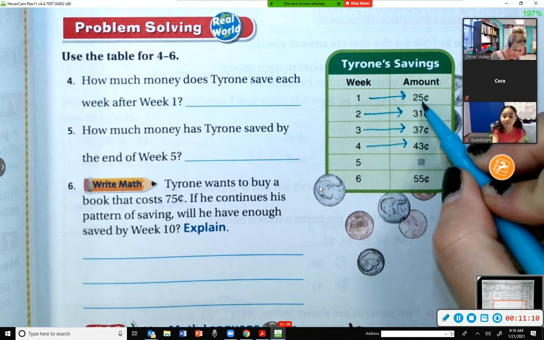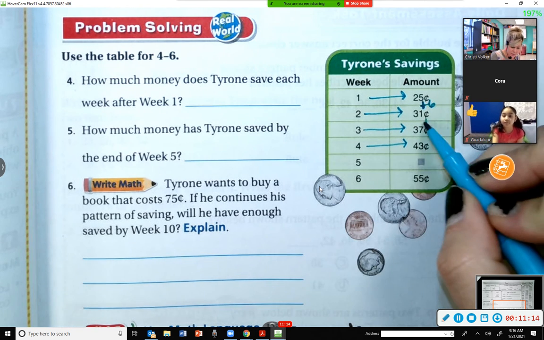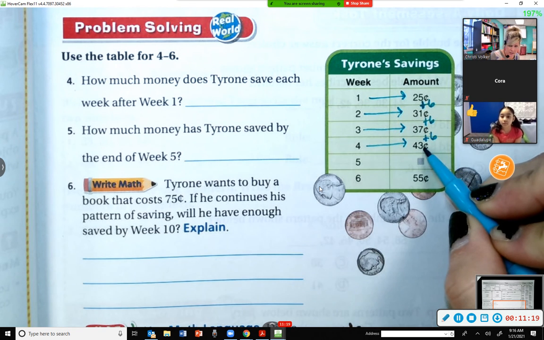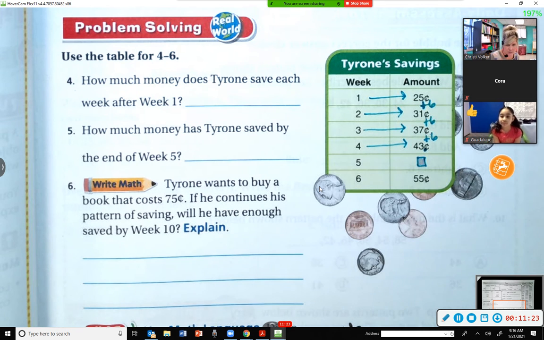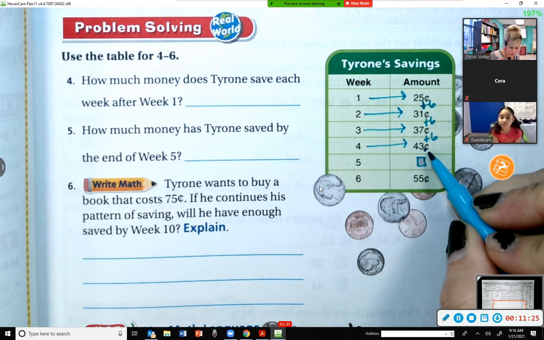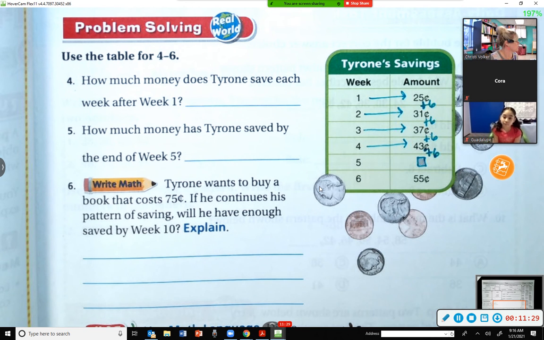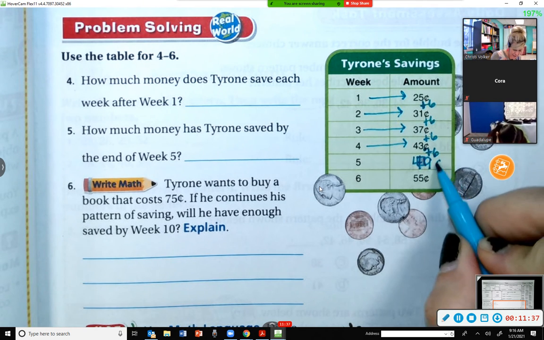Yes, because 25 plus 6 equals 31. 31 plus 6 is 37. 37 plus 6 is 43. So now to find this missing number, the tiniest box ever, we're going to put 43 plus 6. So what would the next number be? 49 cents.